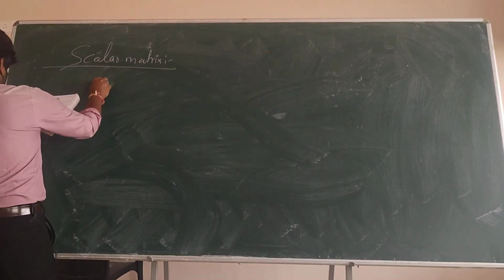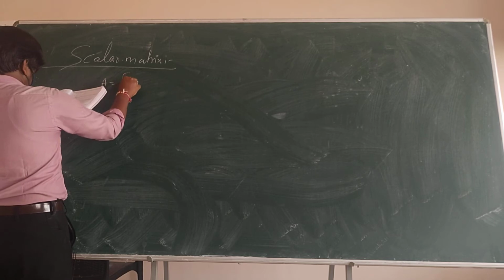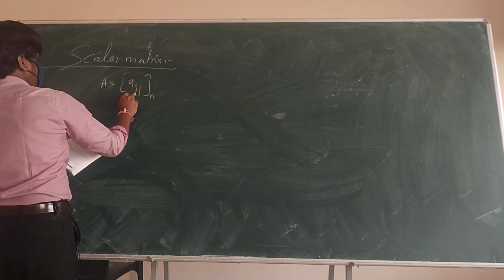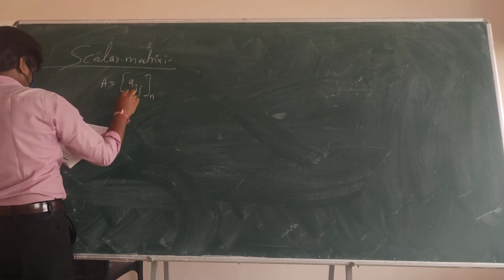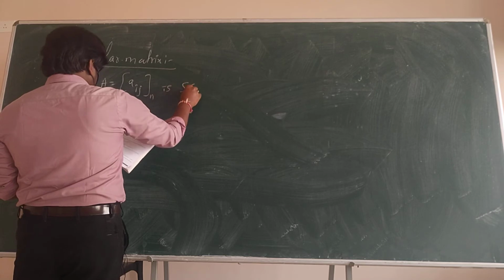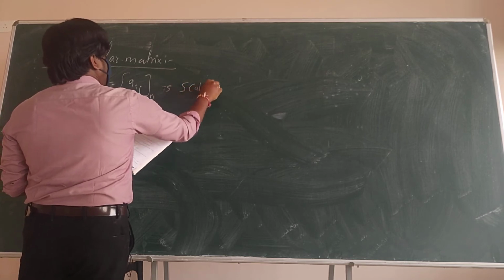That is, A equals [Aij] of order n, because it is a square matrix.